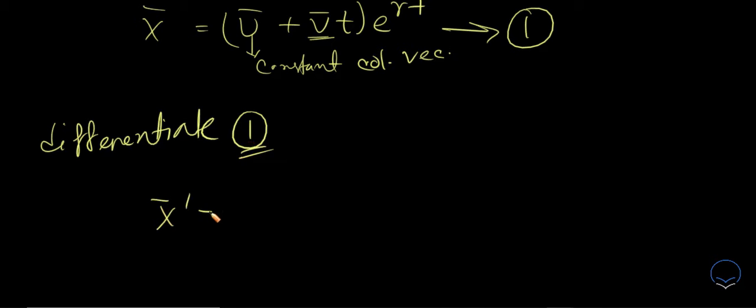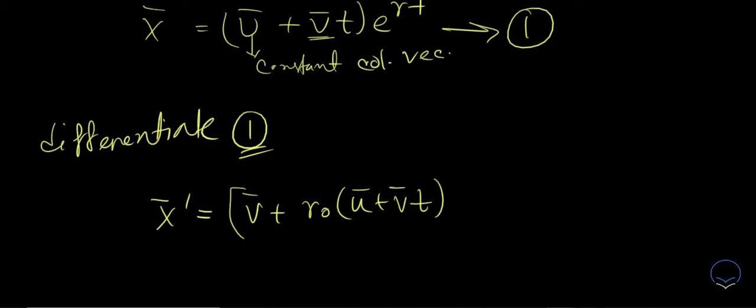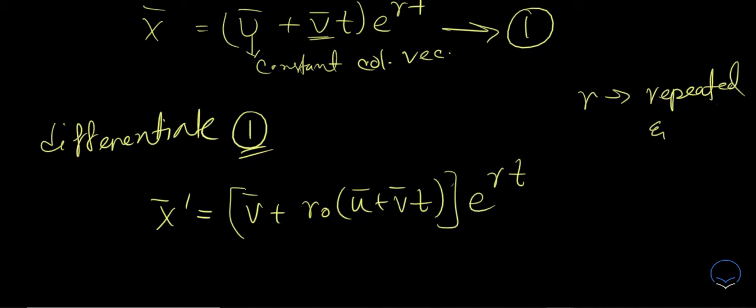And if you do that, this will turn out to be v bar plus r times u bar plus v bar t, obviously there will be a bar over this just to denote that this is a column vector, e to the power rt, where r is the repeated eigenvalue.